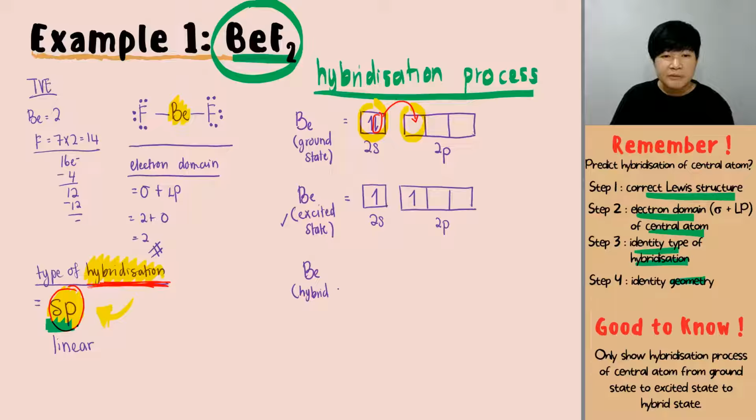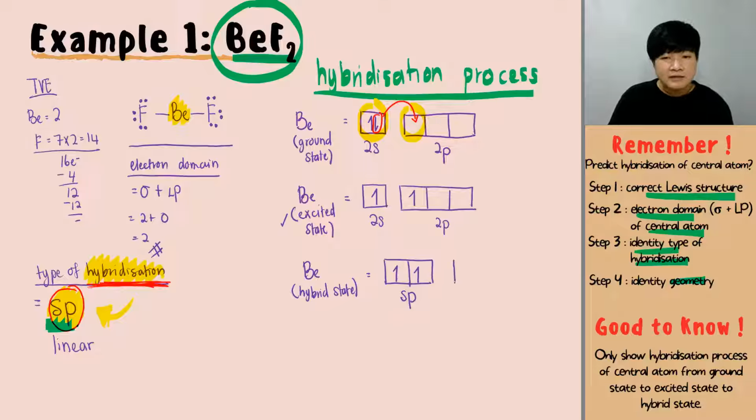So your beryllium hybrid state over here should look something like this, where you are taking one from the s orbital and another one from the p orbital. Just like this. And right now, it's no longer 2s and 2p because we already hybridized them. We already mixed them together. Therefore, the name of this orbital should be sp. See that? Okay, as simple as that.